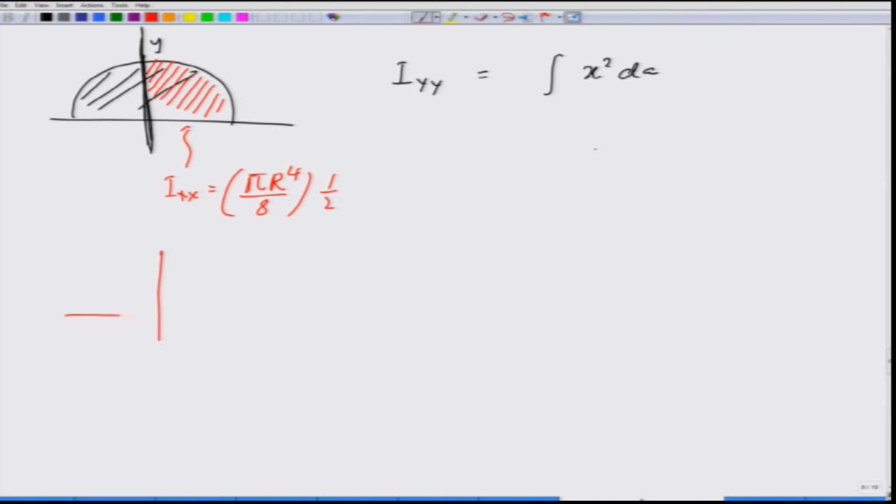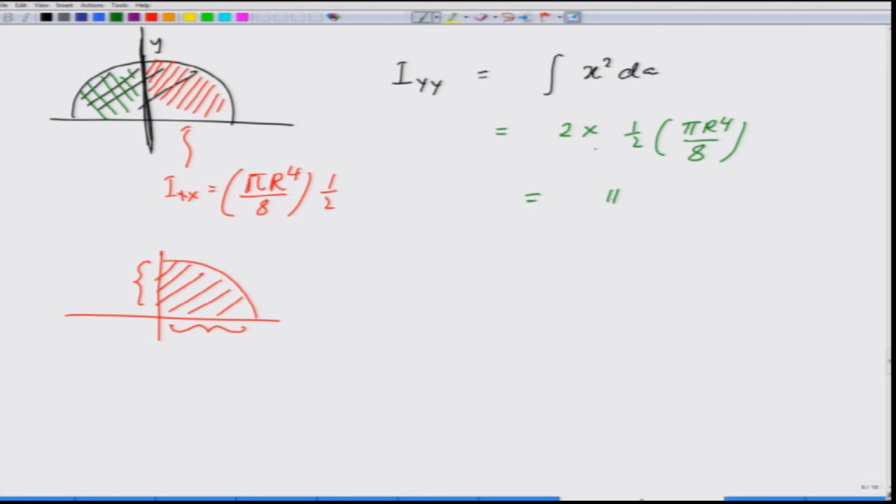But for a quarter, whether I take the moment of area about this axis or this axis is the same, and therefore both the quarters, the one shown with orange and the other shown with green, have the same moment of area about the y axis. Therefore, this will become 2 times 1/2 pi r raised to 4 by 8, the same answer, pi r raised to 4 by 8.